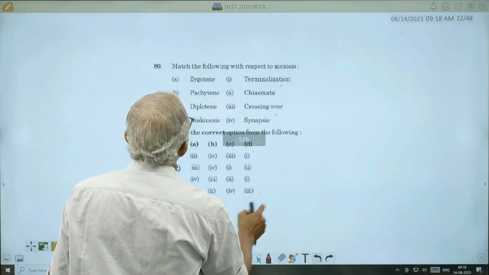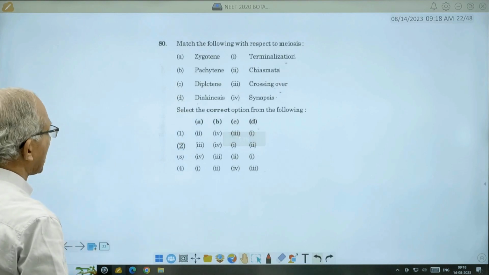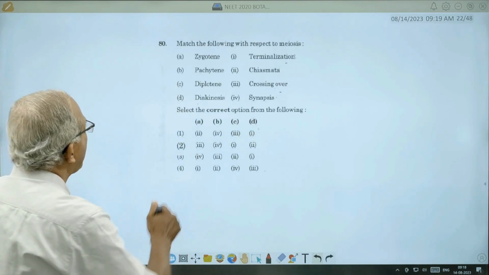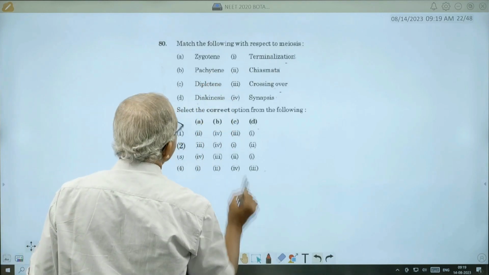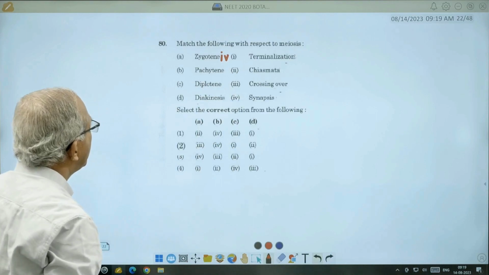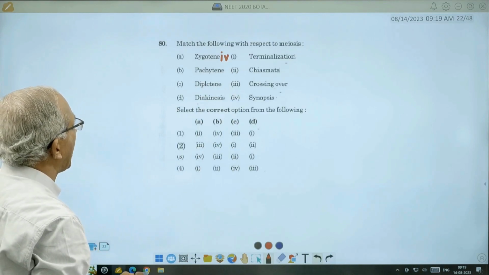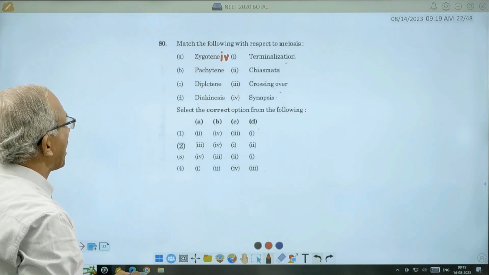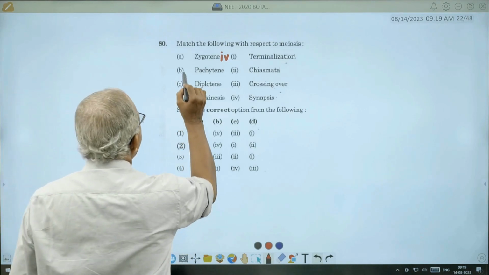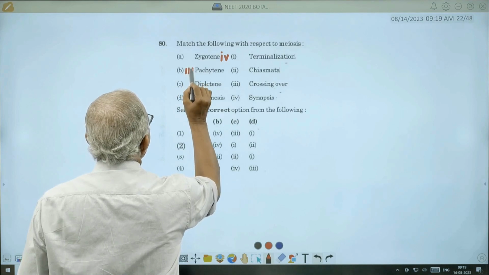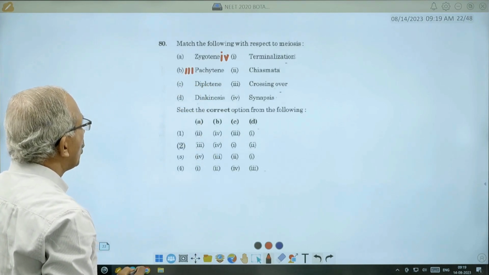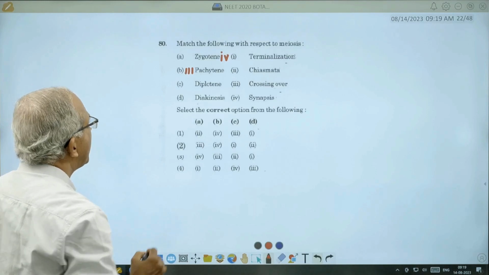Next, match the following with respect to meiosis. Zygotene can be matched with 4, because during zygotene synapsis, pairing of homologous chromosomes, takes place. Pachytene can be matched with 3, because in this substage crossing over occurs.